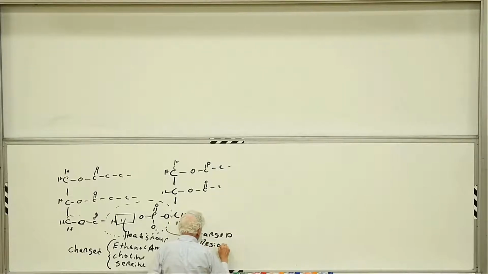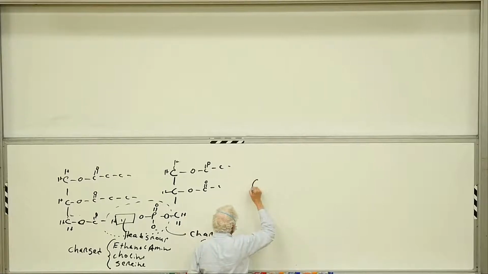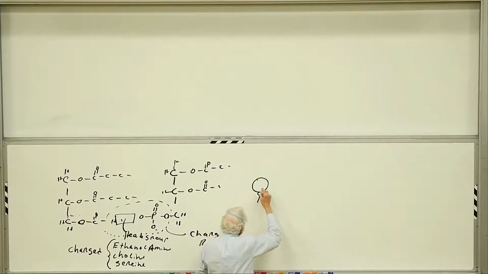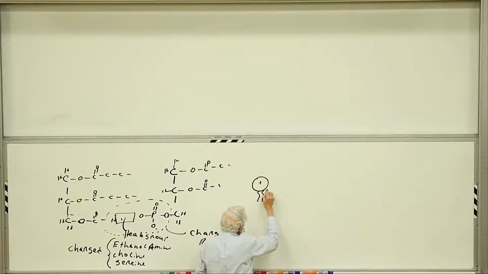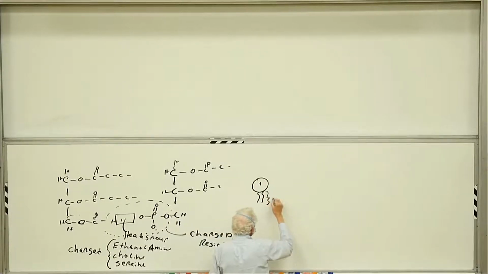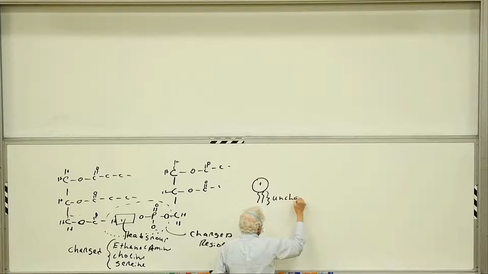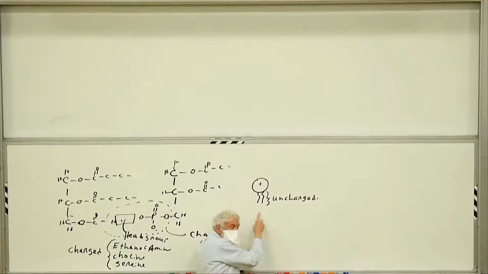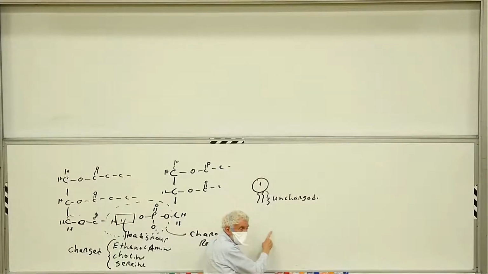And where we ended was to say that we can have a kind of shorthand, where that shows the head group, and this shows the tails. And then we can say this is positively charged and emphasize the idea that this tail is. And then ask the question, how is this molecule going to interact with water?